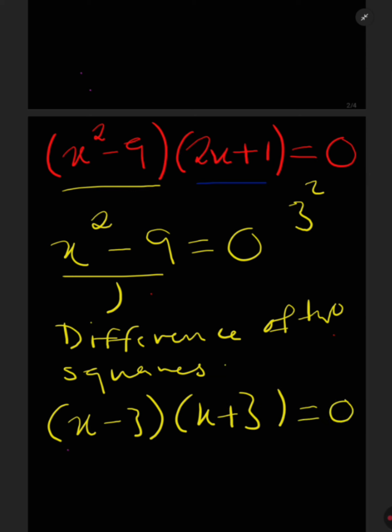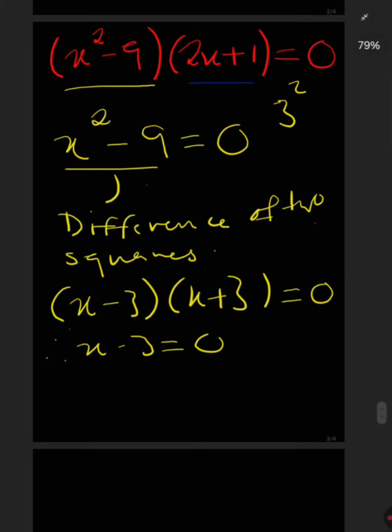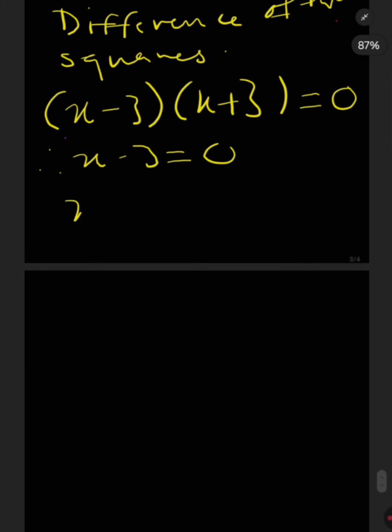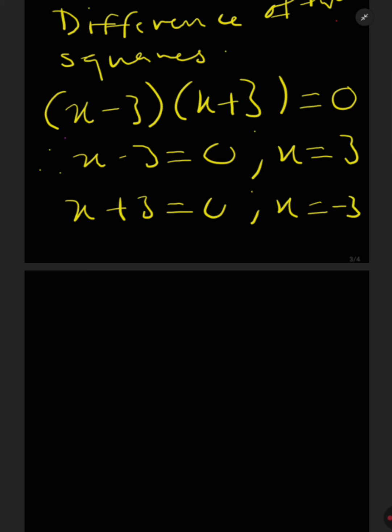This looks like what we've covered above. So in the end, you're going to have x minus 3 equals 0, or x plus 3 equals 0, which tends to be x equals 3, and this tends to be x equals minus 3. Or another way of solving this is that you can apply the laws of exponents.